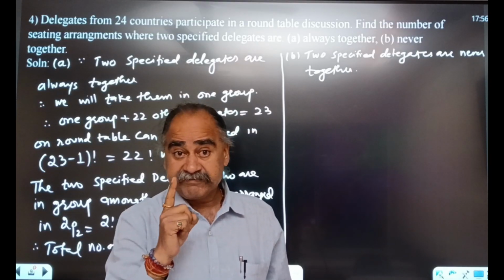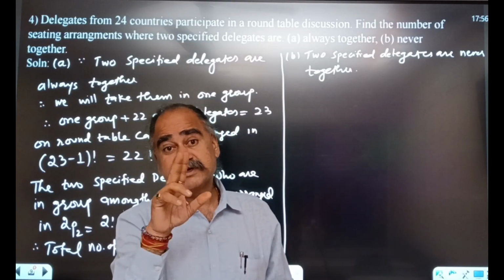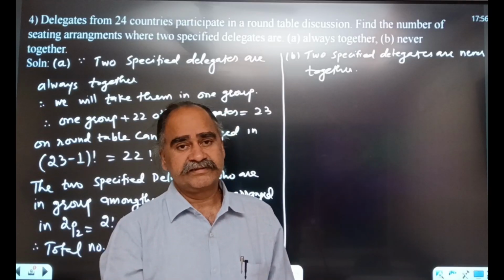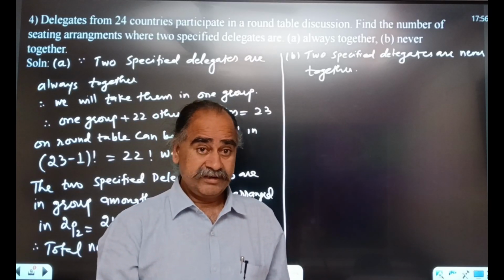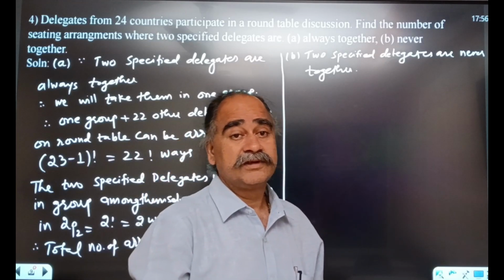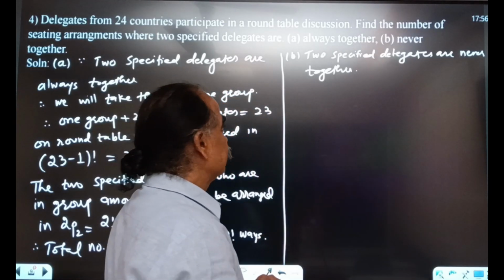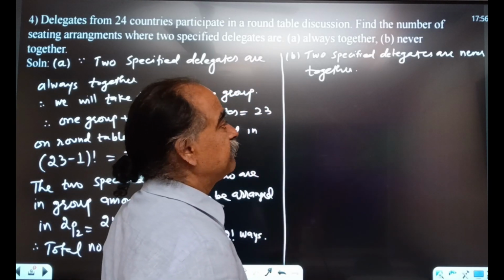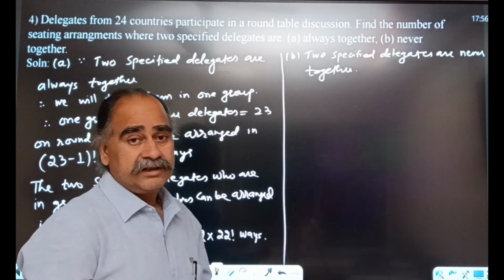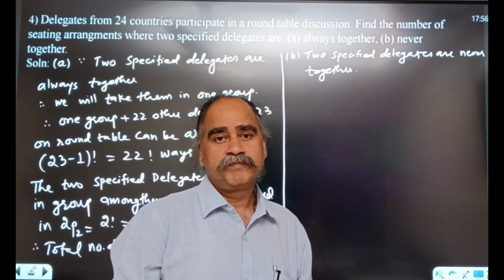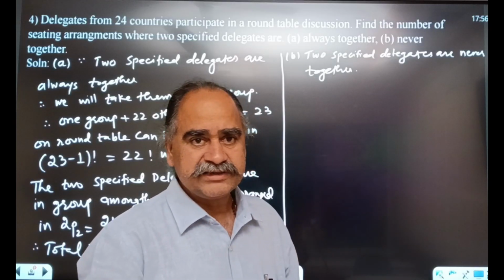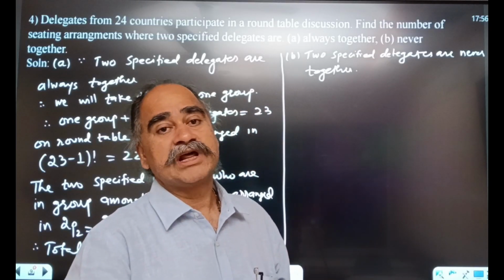So out of 24 delegates, first we have to select any two delegates. But here they mentioned specified, so particular delegates. So restrictions are put on the two delegates. So first we will arrange the remaining 22 delegates.